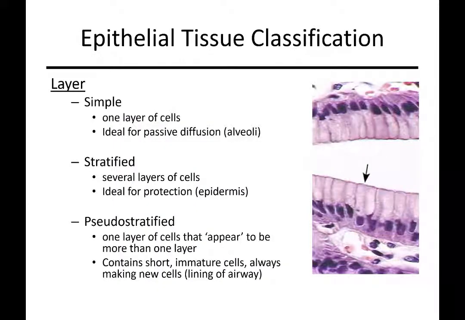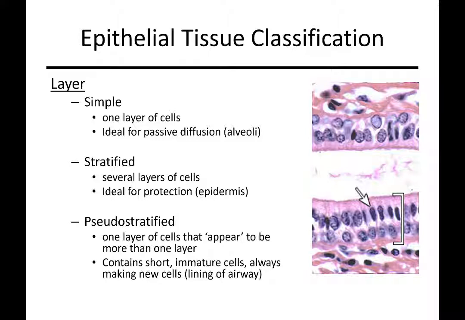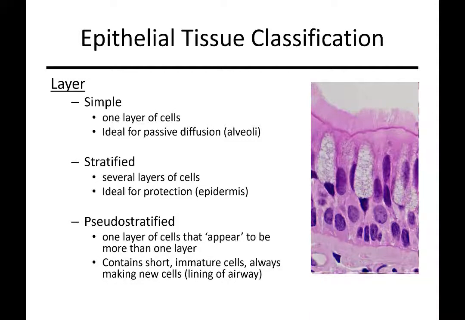Here we go again. We have the layers: simple, stratified, or pseudostratified. This is an example of a stratified. You can see how they're stacked up. This is an example of pseudostratified. In this case, pseudostratified is only going to be along the respiratory tract, so that makes your life a little easier. It's one layer of cells that appear to be more than one layer.